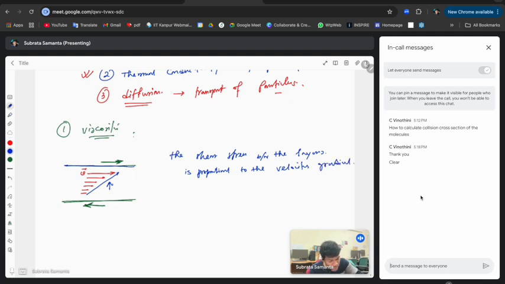So we consider a small layer, let's say this one, this one. This is the one layer and this is the second layer. The shear stress between the layers is proportional to the velocity gradient, and that is perpendicular to these layers.